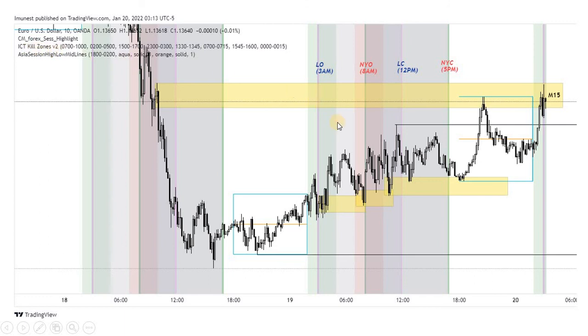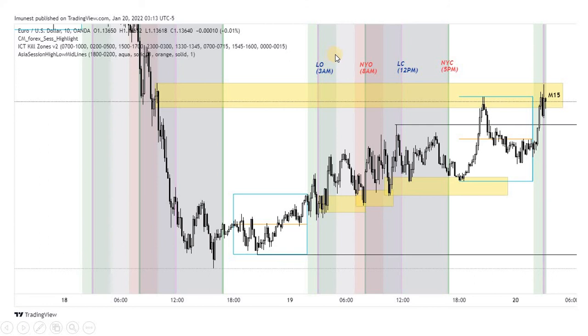ICT key zones, you can see this portion from this point to this point, this light green portion, according to my own setting, is the London kill zone. I think from 2 a.m. New York time to 5 a.m. New York time.